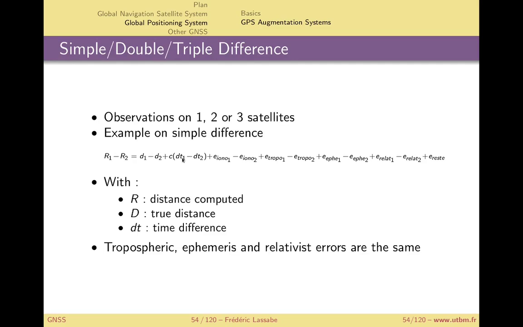The difference in the clock derivation, the ionospheric error, tropospheric error, ephemeris error, relativity error, and the remaining part of the errors which cannot be fixed.